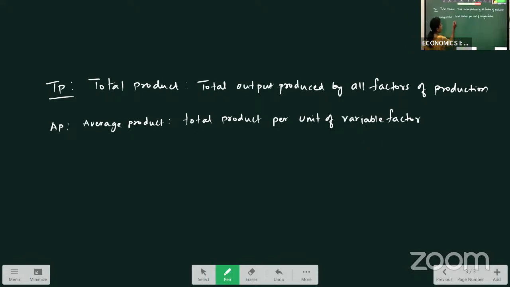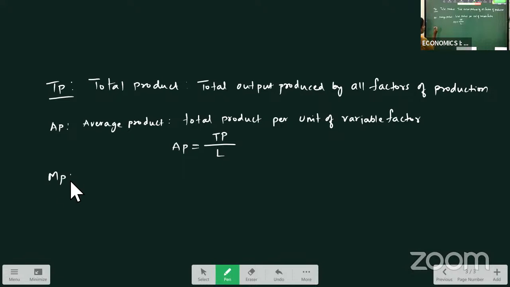How will you calculate this one? AP is equal to total product divided by labor, per unit of variable factor. It means on an average, how much output one labor has produced. That we calculate under average product.